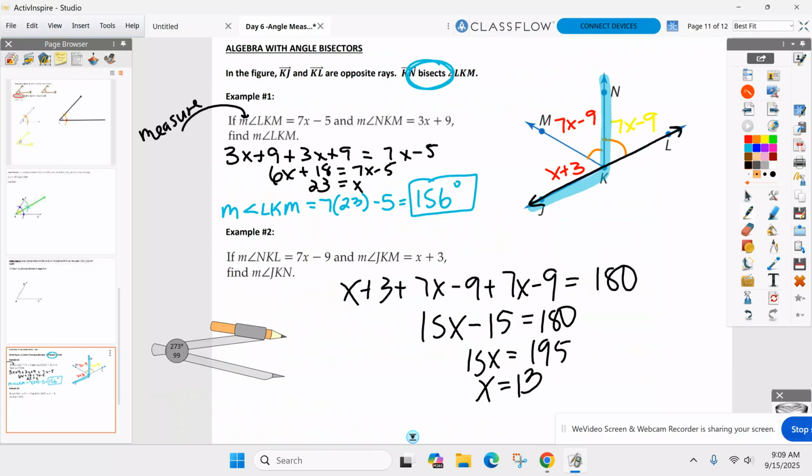I'm looking for JKN. So does everyone see the two places you need to substitute in 13 to get to JKN? All right, I'll let you do that. Substitute that in.